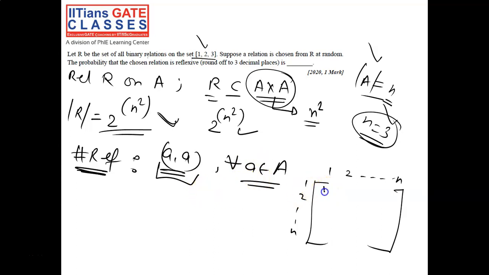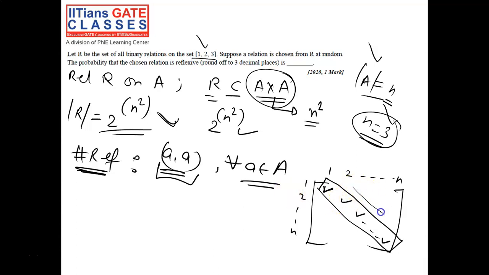So all these diagonal elements will be 1, because in a reflexive relation all these pairs must be present. For the diagonal cells we do not have any choice, we have to put 1, because we are interested in reflexive relations.